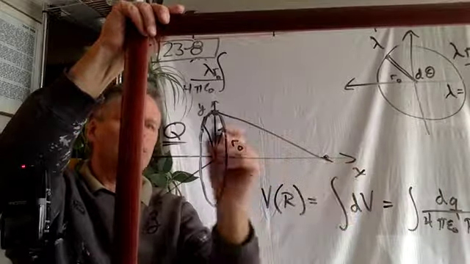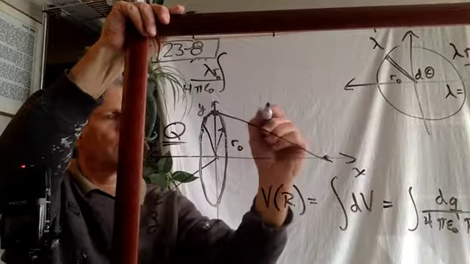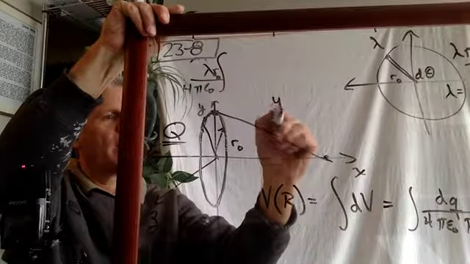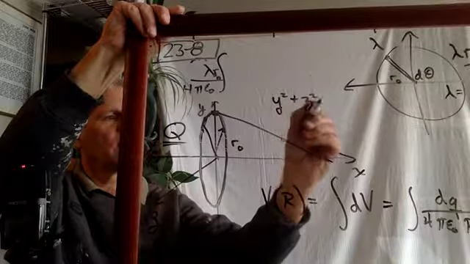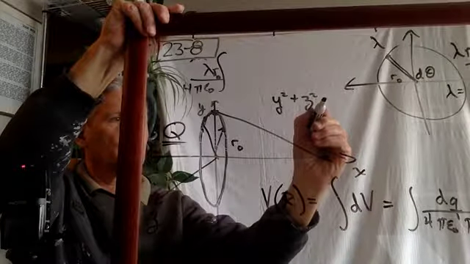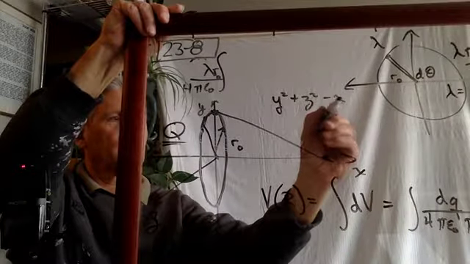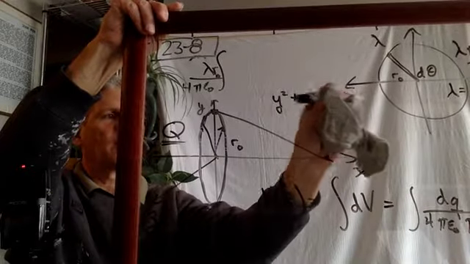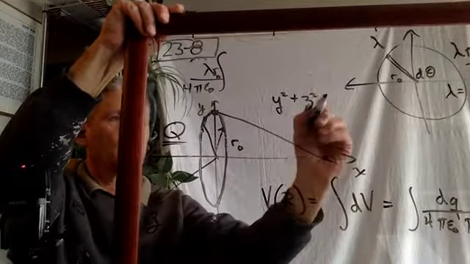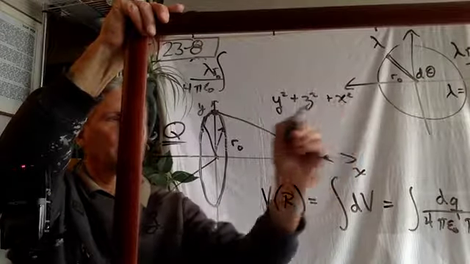We would say that this distance is equal to y squared plus z squared, minus, if we were going to do a vector, we'd say minus, but we're just doing the distance, so plus x squared, right?